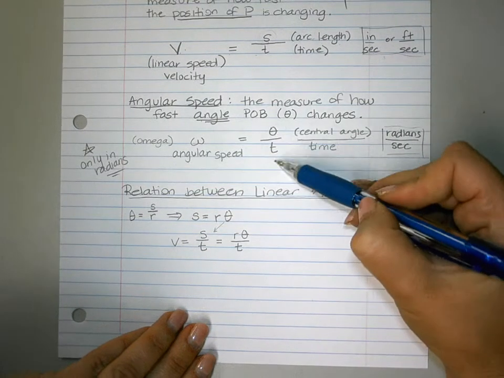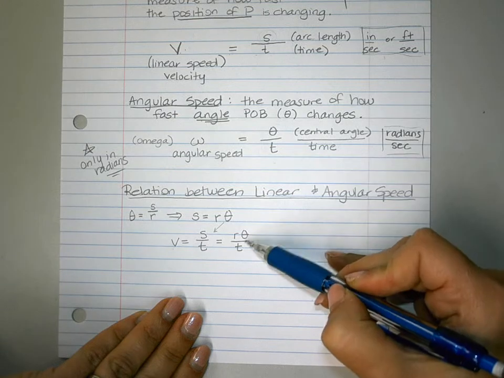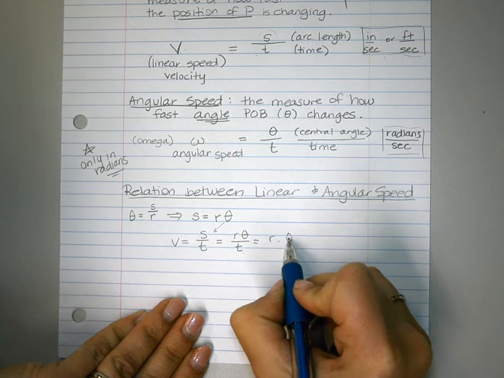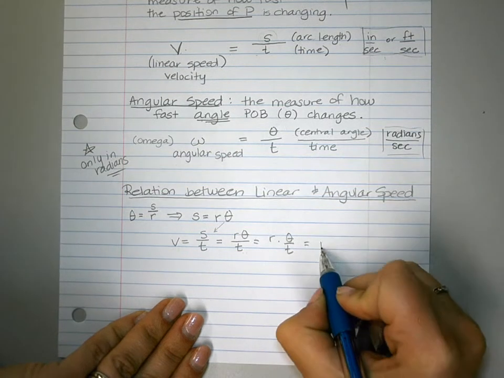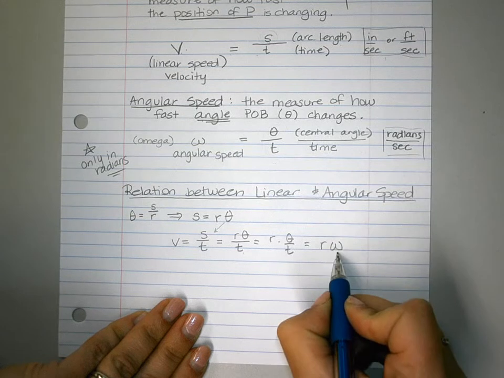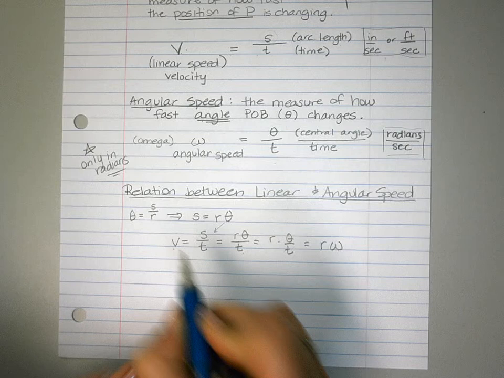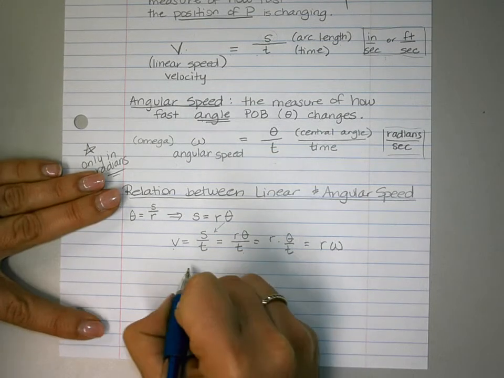Then if you notice, going back here, check this out. Isn't omega, angular speed, theta over t? Well, here's theta over t. With basic fractions, I can separate this out. So we ended up getting that the radius times omega, the radius times the angular speed, is actually linear speed. So I'm going to write this in a cleaner way.